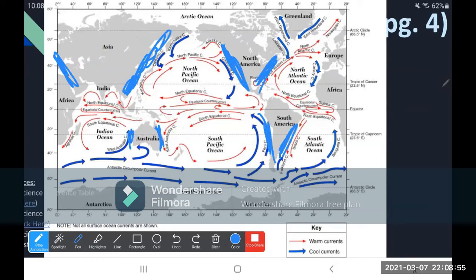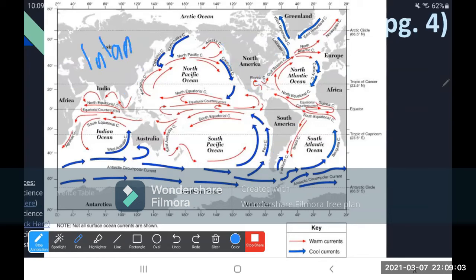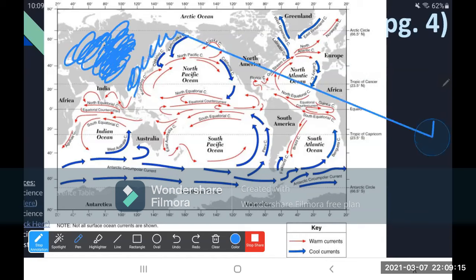The opposite of coastal is inland areas. Inland, inside land. If you take a look at Asia, all this area in the middle is going to be inland. And the places by the ocean are going to be coastal. So coastal versus inland.